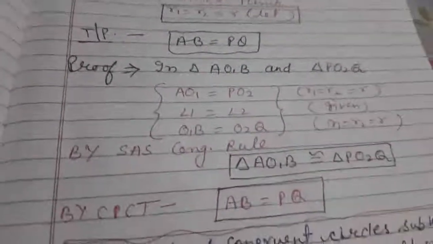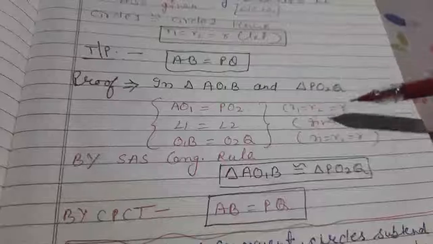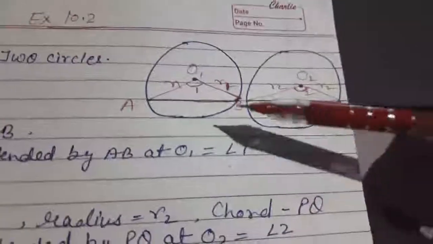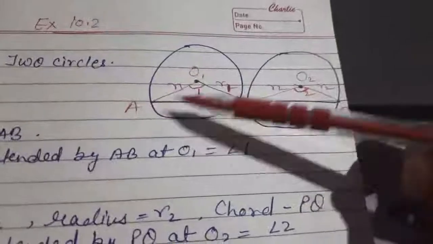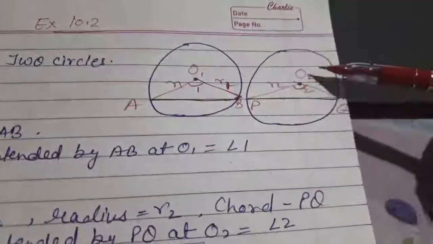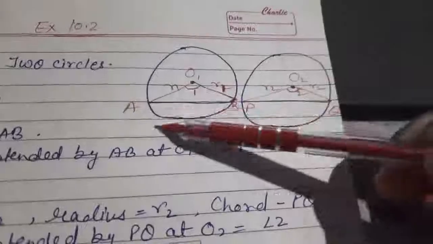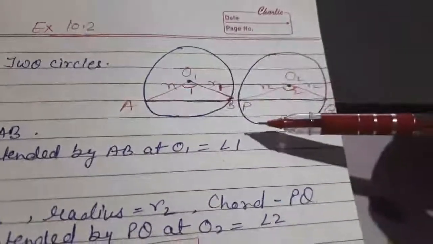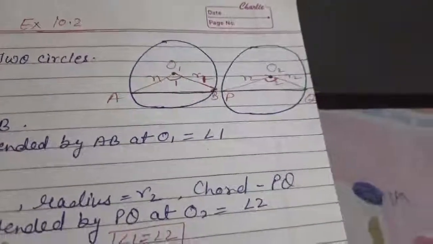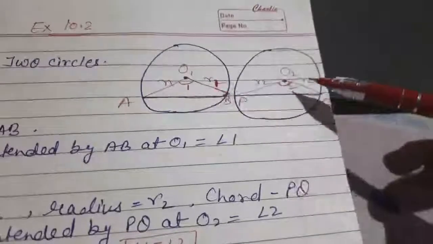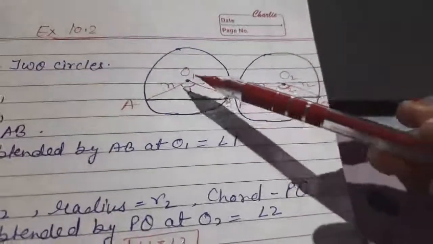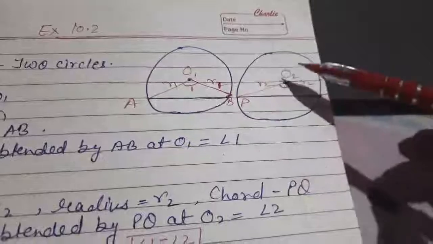the chords are equal. Okay, so we are taking two triangles. Which two triangles are we taking? Let's see in the figure: AO1B and PO2Q. AO1 is equal to PO2, angle 1 is equal to angle 2, it is given, and O1B is equal to O2Q.